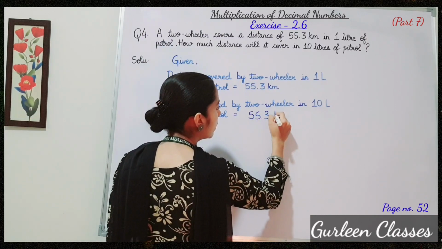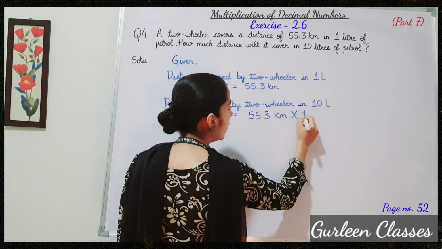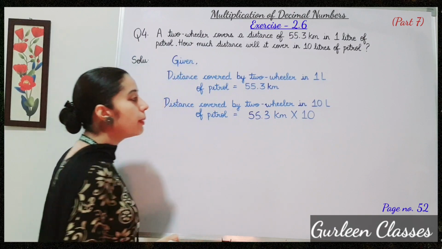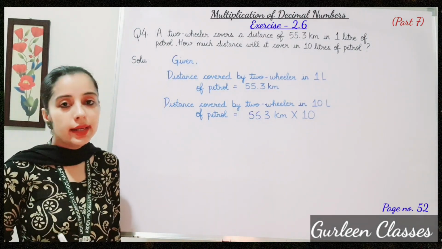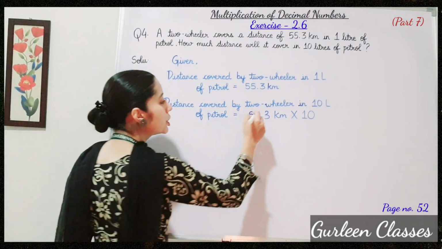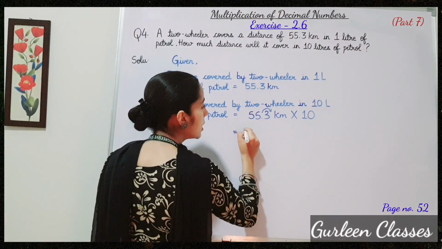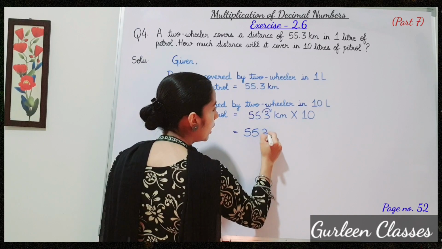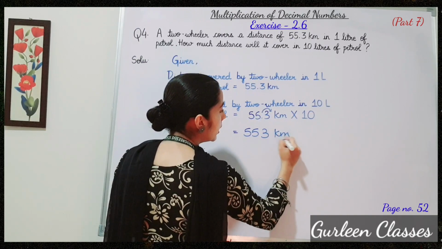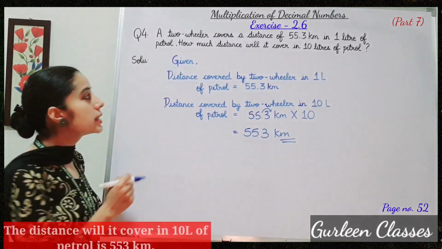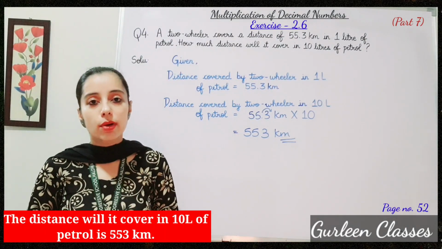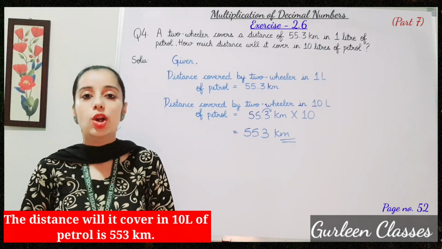Whenever we multiply a decimal number by 10, 10 has 1 zero, so we shift the decimal point 1 place to the right. So the answer is 553 kilometers. So at last we will write the distance it will cover in 10 liters of petrol is 553 kilometers.